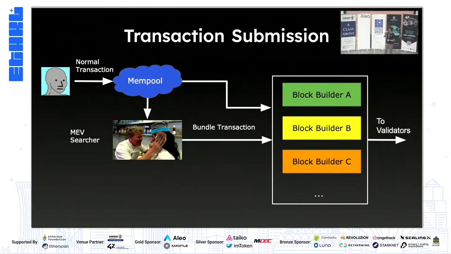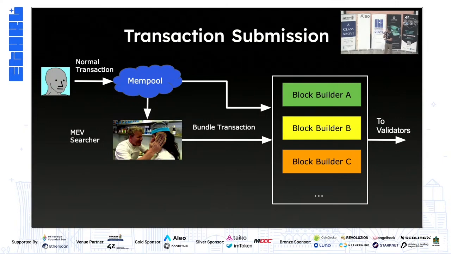As such, the block builder is incentivized to take that bundle instead of taking your transaction directly from the mempool to be included in the block. That results in the person sending the order executing at the worst price, and the profits go to the MEV searcher, the block builders and validators.